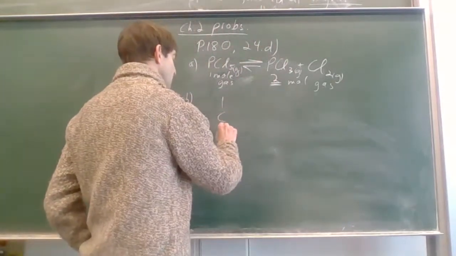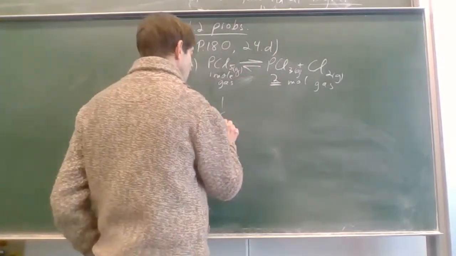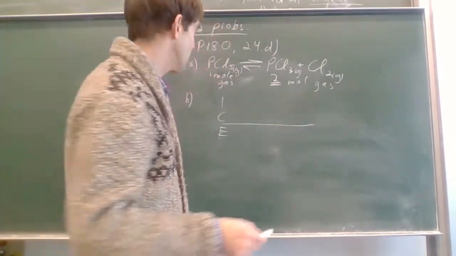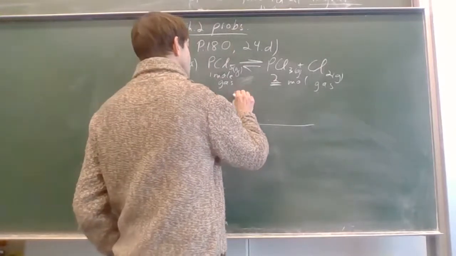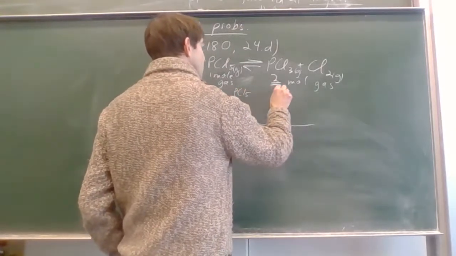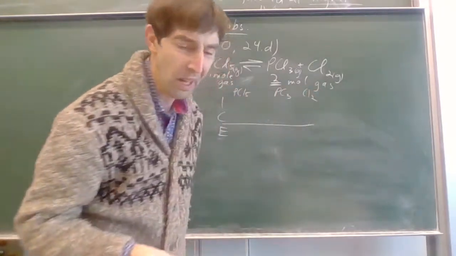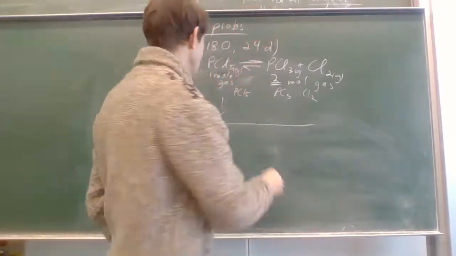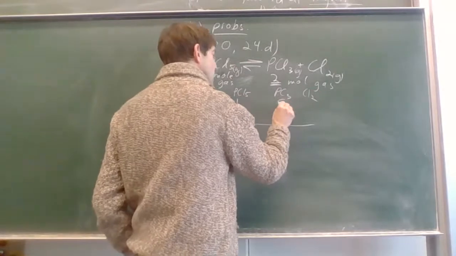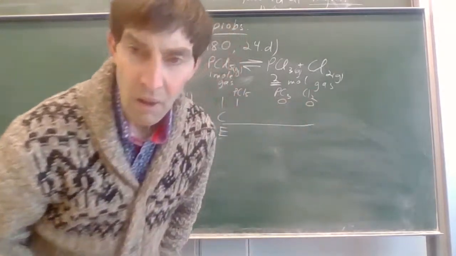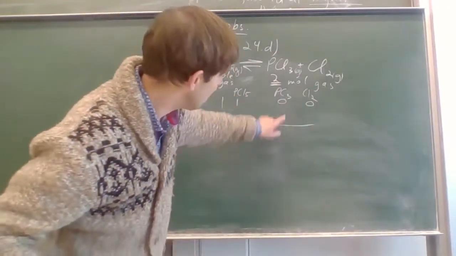All right. I guess that's what we've got to do. Okay, so here we go. So we've got PCl5, PCl3, Cl2. I wasn't going to do it, but I'm just going to do it now. 1, 0, 0. Why do I know I've got zeros here, gang?